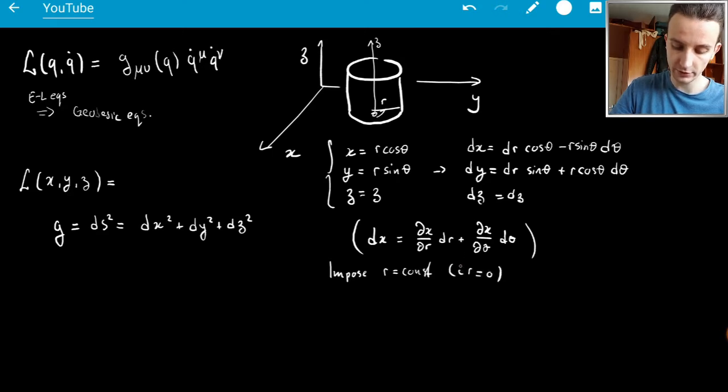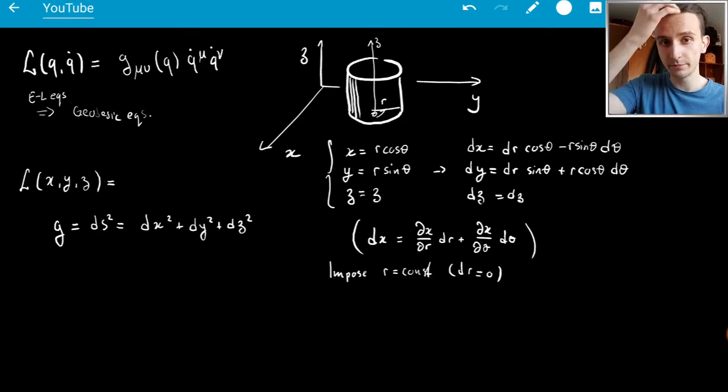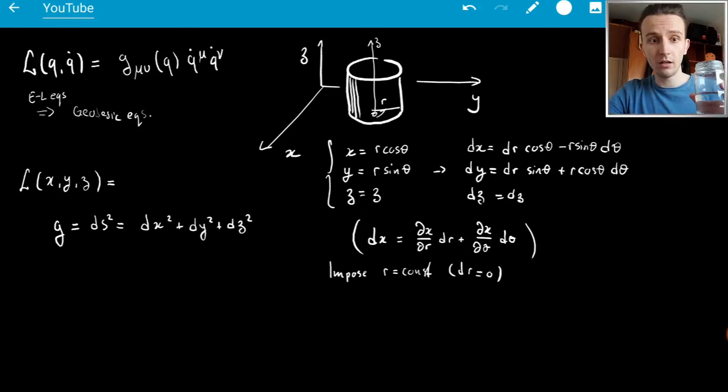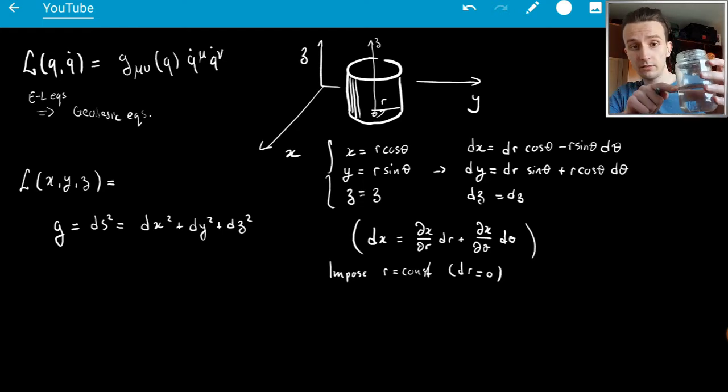So what does this do? It fixes the position of the particle to be on the cylinder. So this particle is living on the cylinder. It's like, here I have a cylinder right here. Imagine that an ant was moving across this jar.